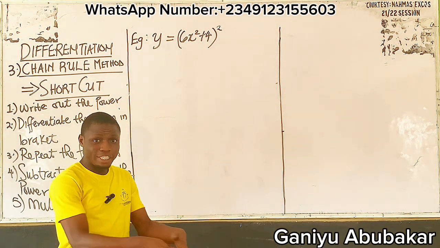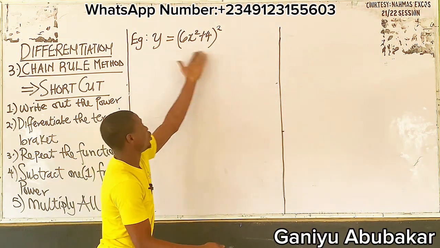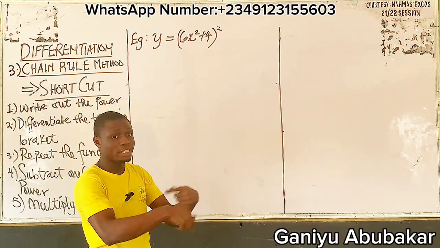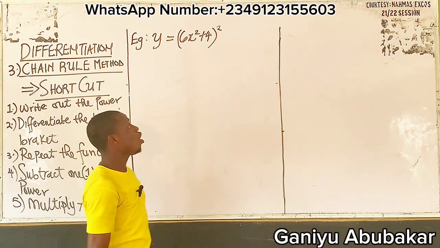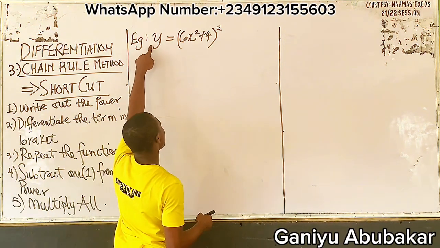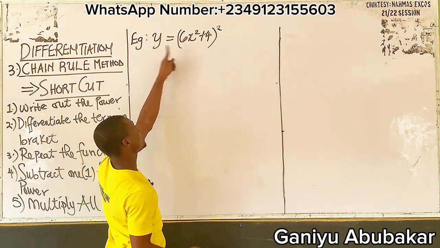At this point, you should know how to identify a chain rule question. I've explained the concept in our previous class, so I know why it's chain rule. Seeing y and x means I'm differentiating y with respect to x.